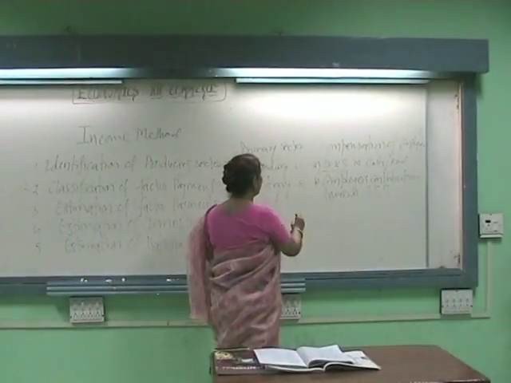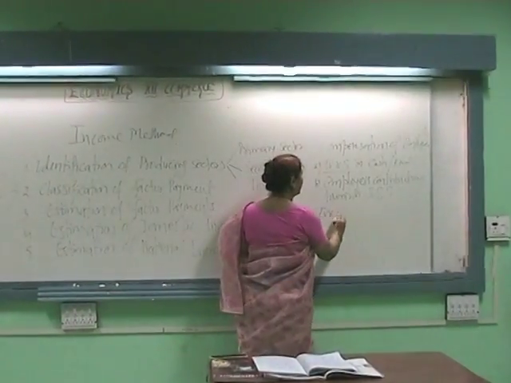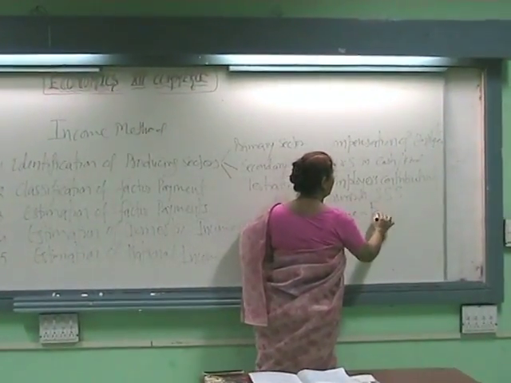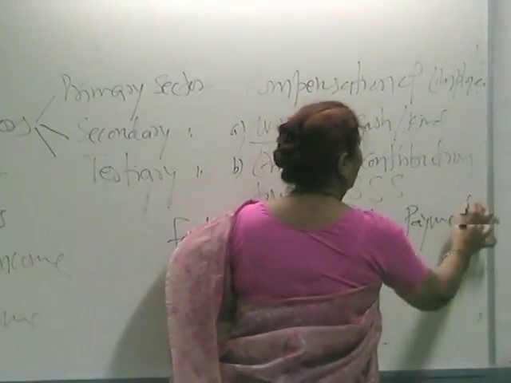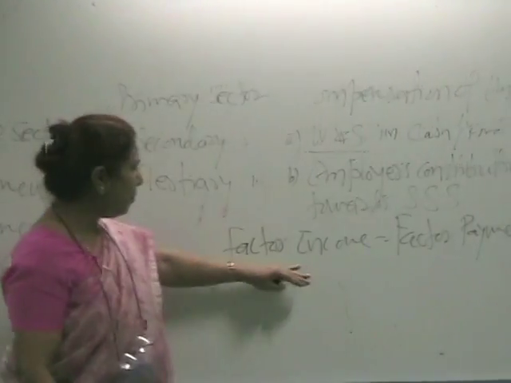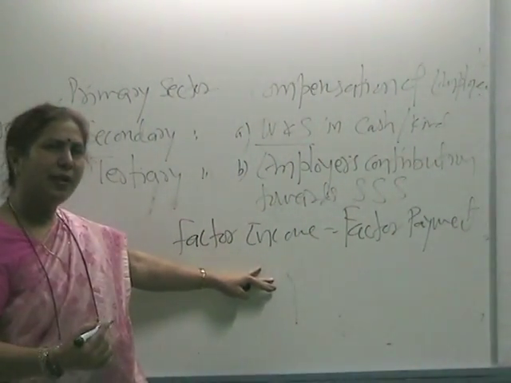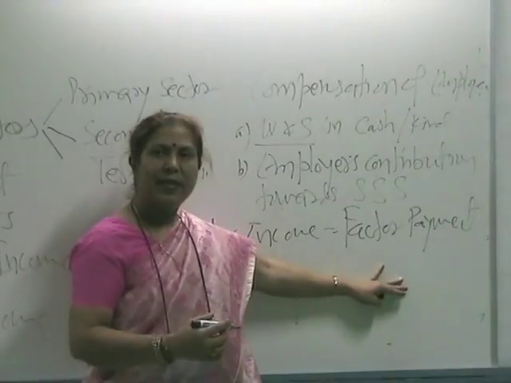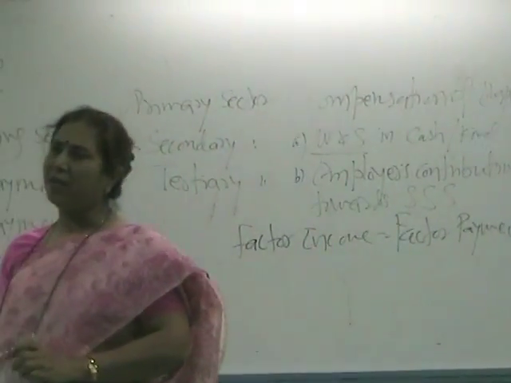So in an economy, factor income is always equal to factor payment. The only difference is that factor income is received by the owners of factors of production, and factor payment is paid by the producer for utilizing their services.